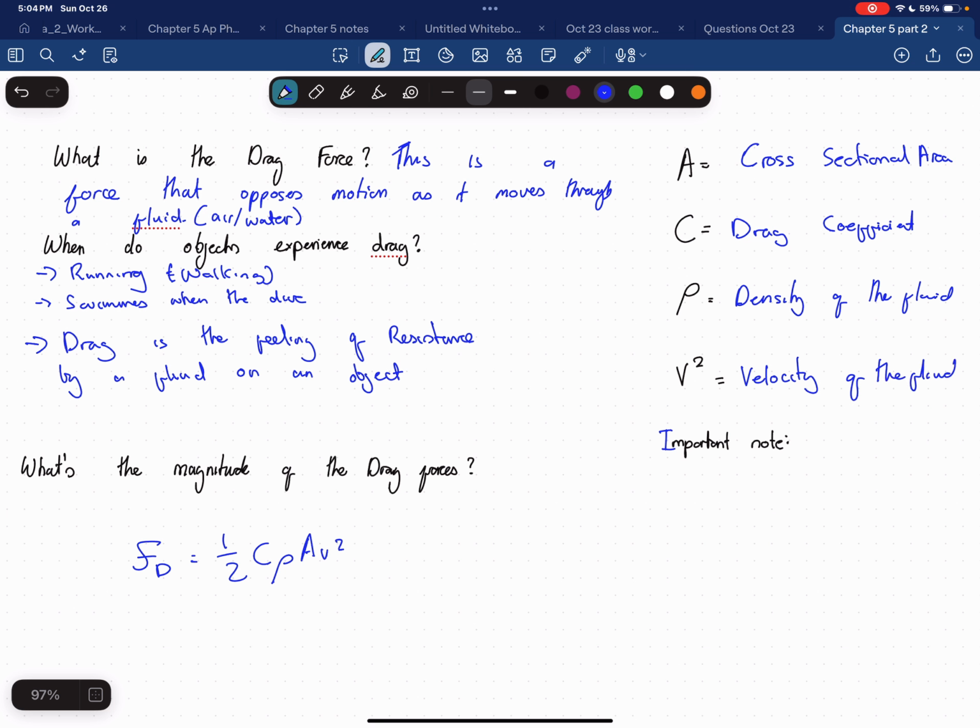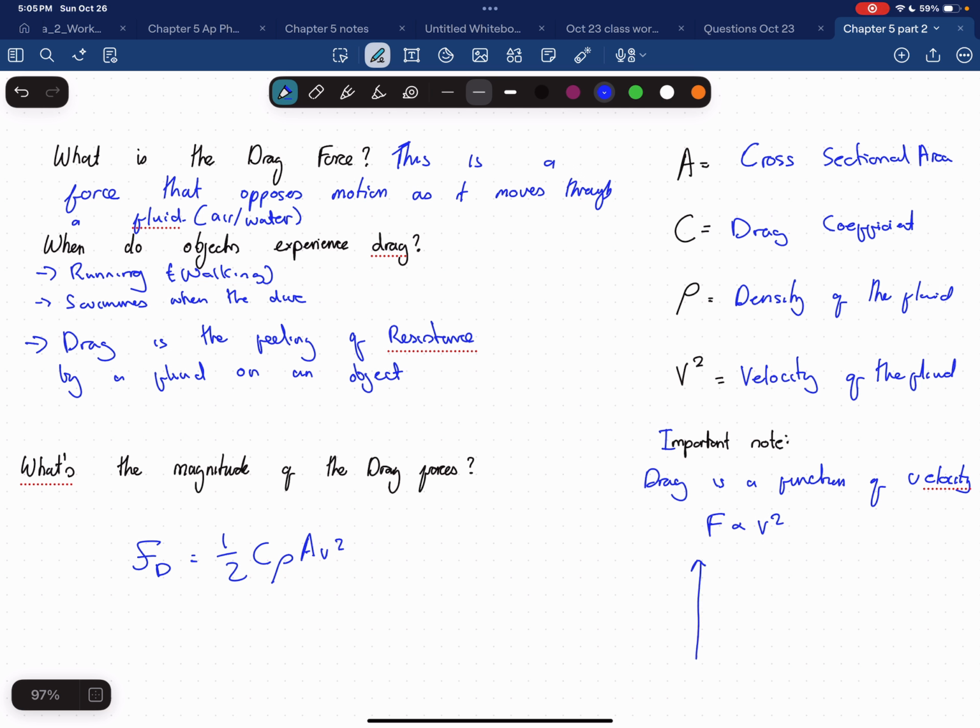All right? So now, important to note, drag is a function of velocity. Basically, this is the relationship. Drag is directly proportional to velocity squared.